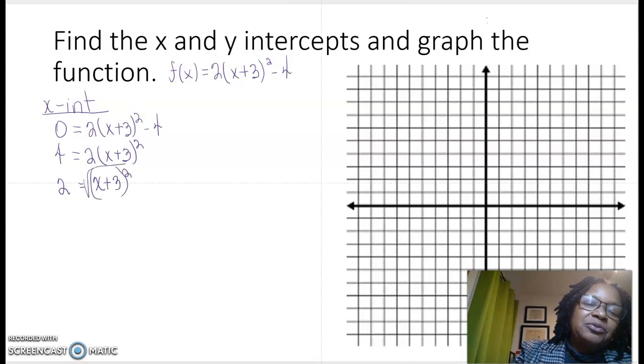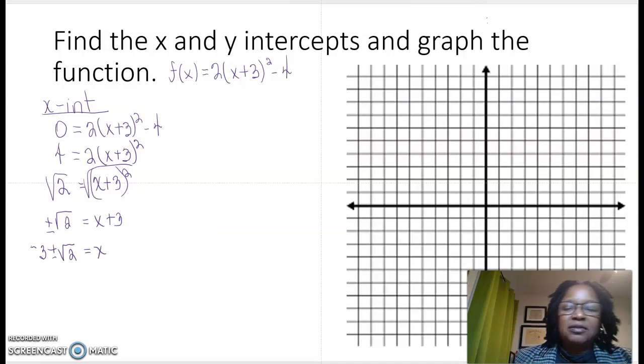We get 2 is equal to (x plus 3) squared. Then we take the square root of both sides. We get plus or minus the square root of 2 is equal to x plus 3. So then -3 plus or minus the square root of 2 is equal to x.